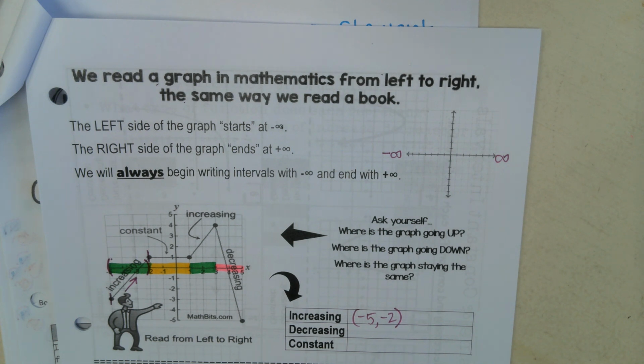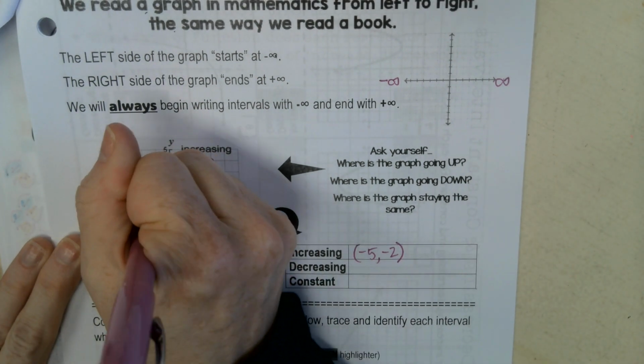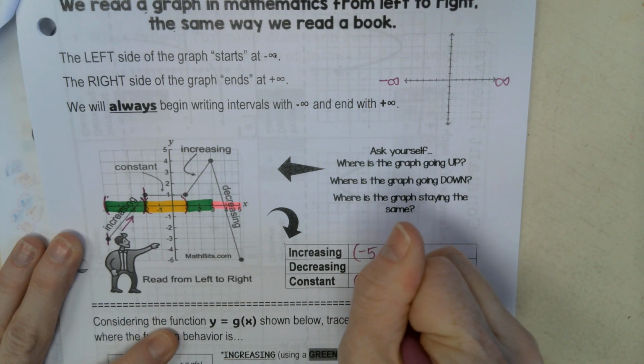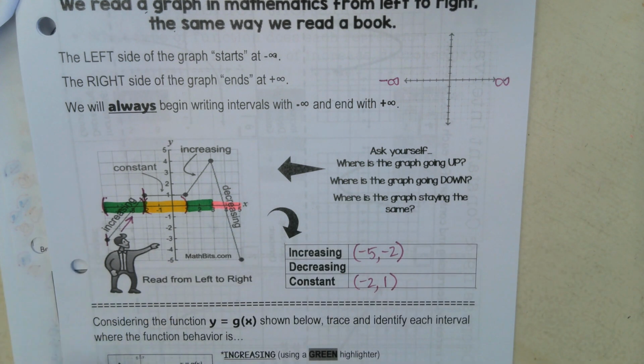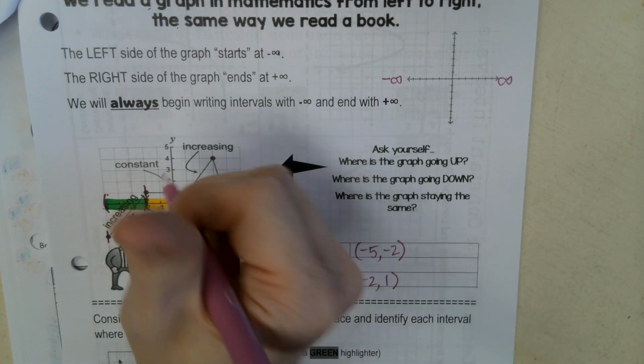You don't have to worry about putting a bracket or parentheses. With intervals of increase, decrease, just stick with parentheses. All right, now, then it is constant from -2 until I get to 1. So from -2 to +1, it is flat.